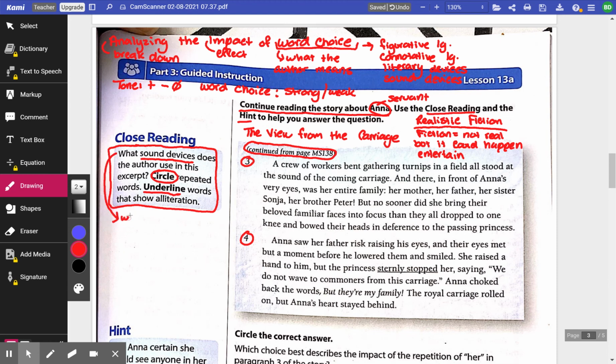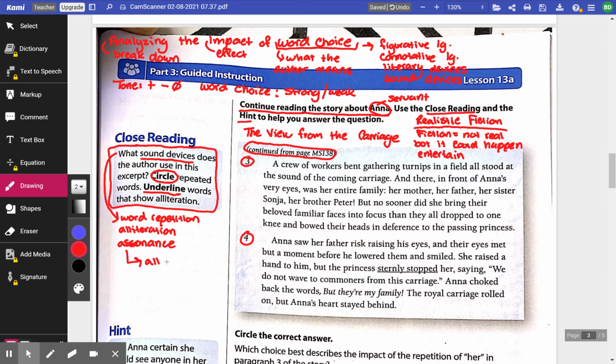So we have word repetition, which is just words and phrases that get repeated over and over. We have alliteration, which focuses on the repetition of consonant sounds. And then we have assonance, which focuses on the repetition of vowel sounds. So all of these work together to create unity in a text.